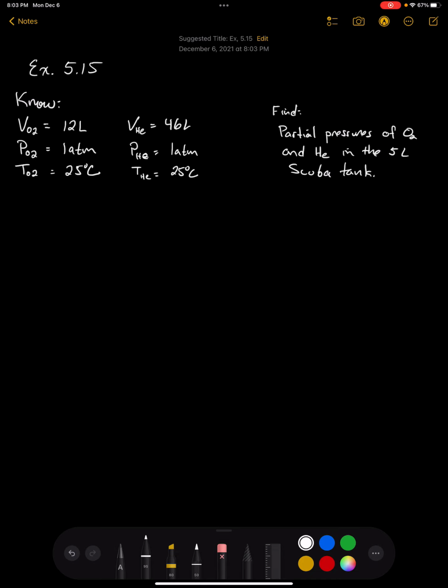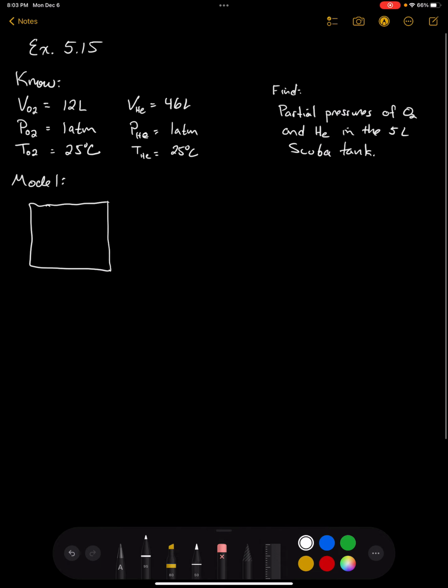Okay, so I also often find it helpful to visually draw what's happening, and so we call that a model. And it can be a very simple diagram, but just something to show what's going on. And so we essentially have a large volume of helium. And so this would be our helium, and it's a volume of 46 liters at a temperature of 25 degrees Celsius and a pressure of 1 atmosphere.